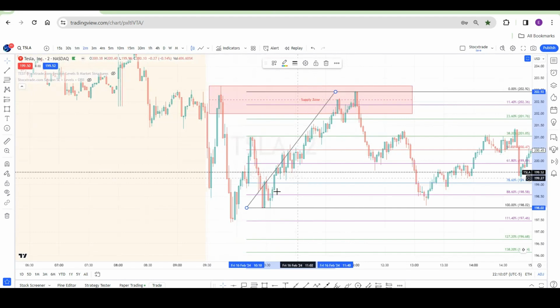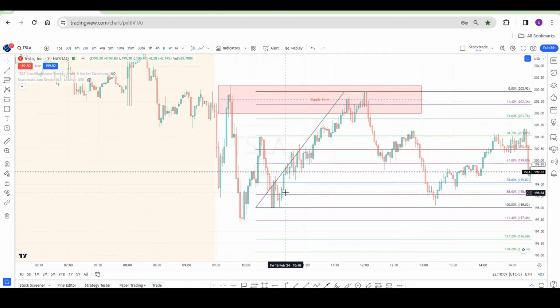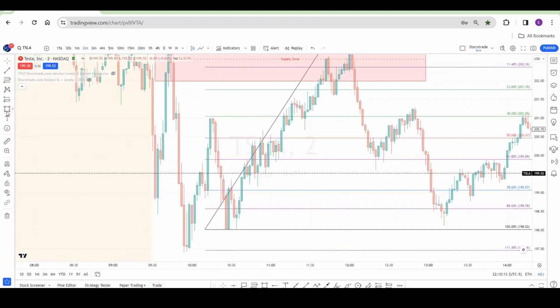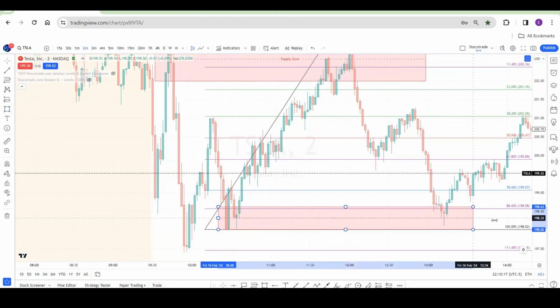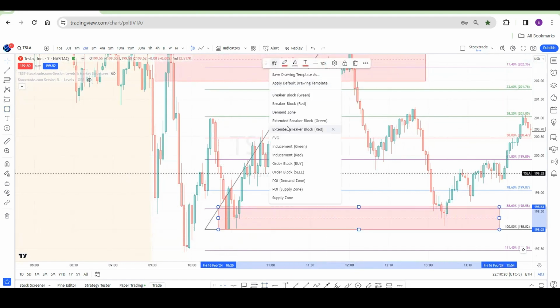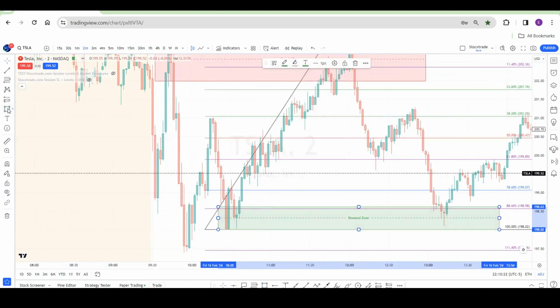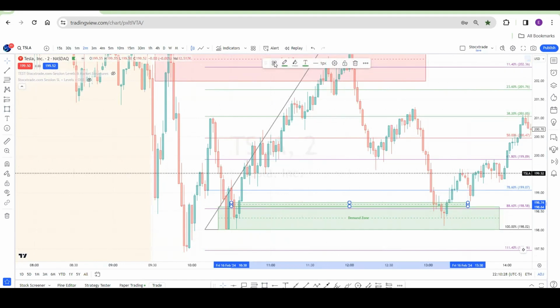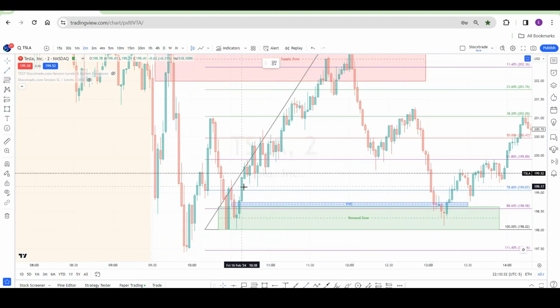I want to see that this demand zone and this fair value gap are still not mitigated. This is a fresh demand zone. This fair value gap is not mitigated, this is an unfilled fair value gap. So I want to see the price come into this area. And is there any liquidity? Yes, swing level.